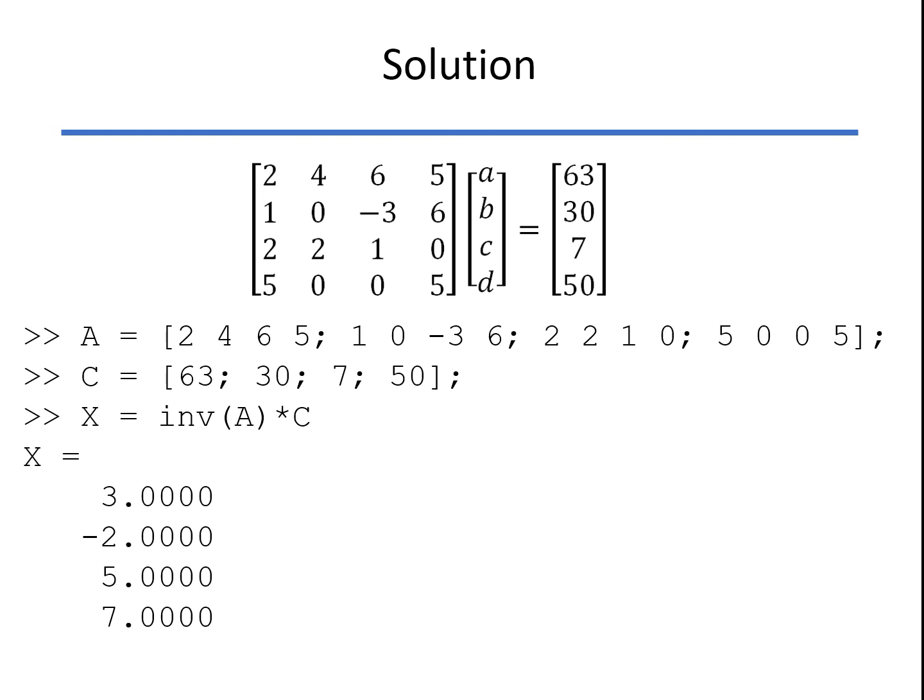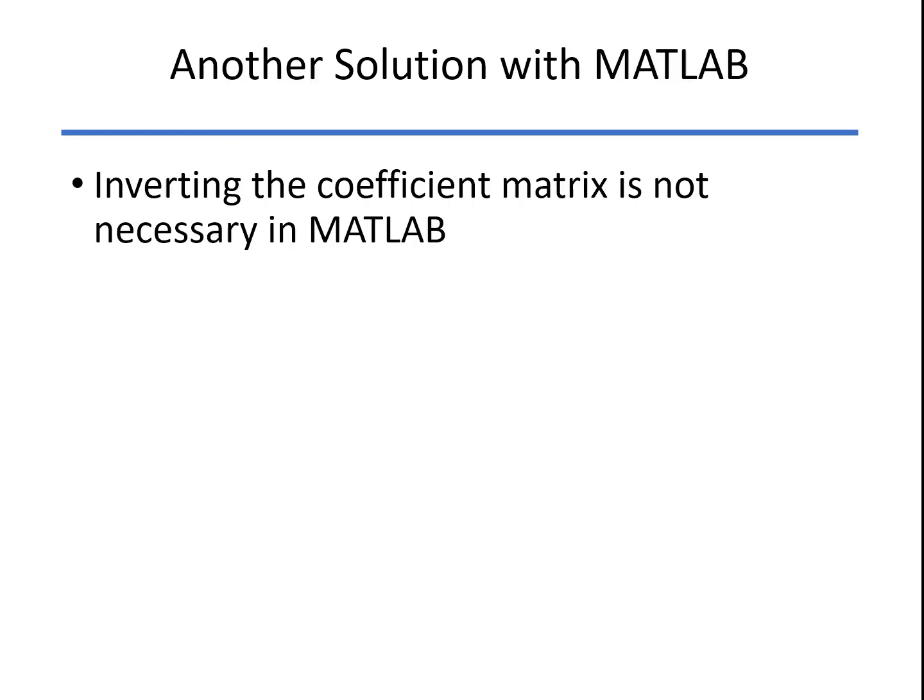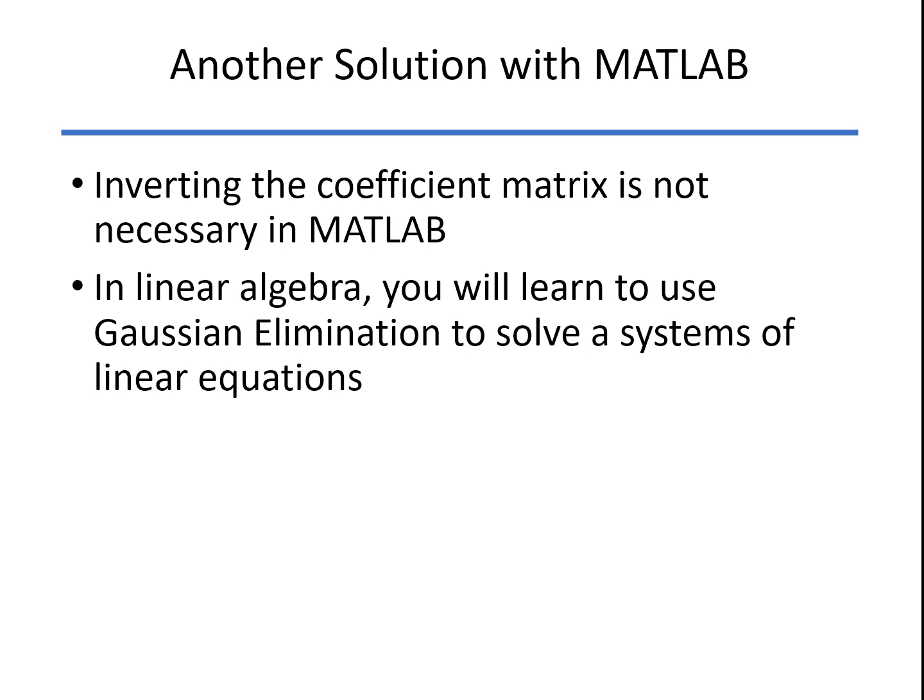Now, one thing I will show you about this MATLAB solution here is that you don't really have to invert the coefficient matrix. And if you get to a very large matrix, and you know, a lot of the engineering problems you look at, for example, a finite element analysis, they might be running 10,000 or 100,000 simultaneous equations, and so inverting that matrix becomes almost impractical.